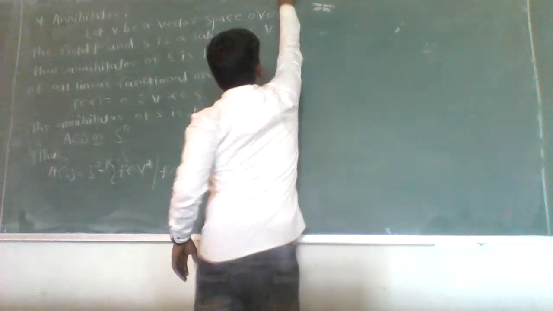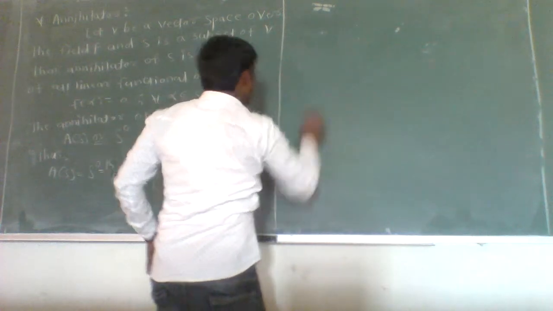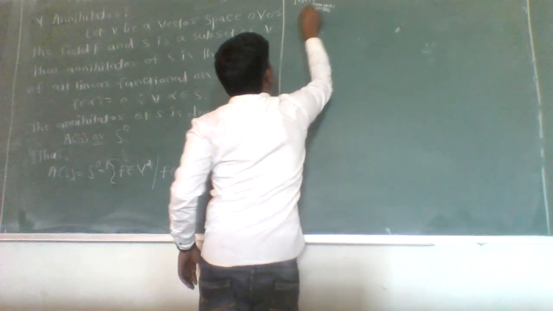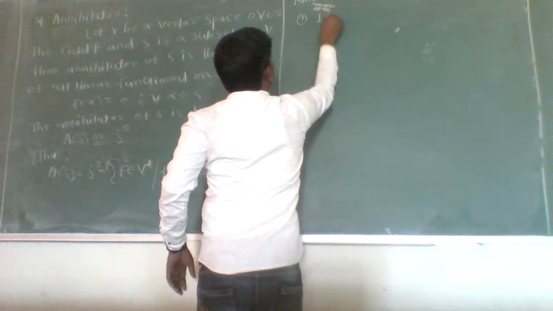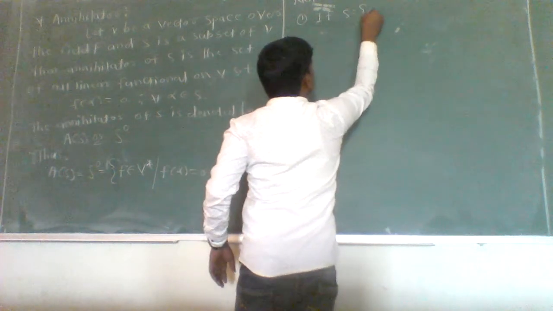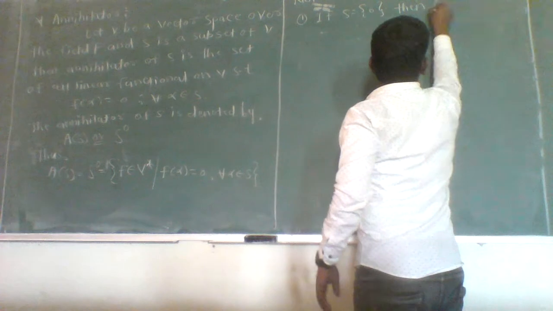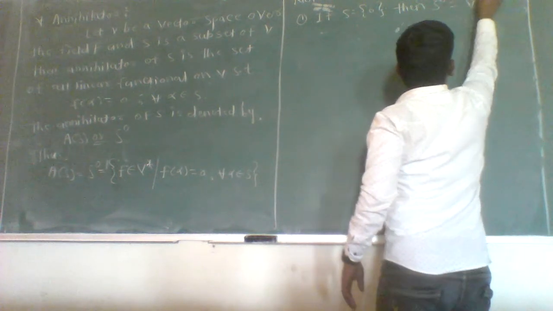Now there are some important notes on this annihilator. Note, first one: if S is equal to singleton 0, then the annihilator of S is equal to the whole vector space V star.